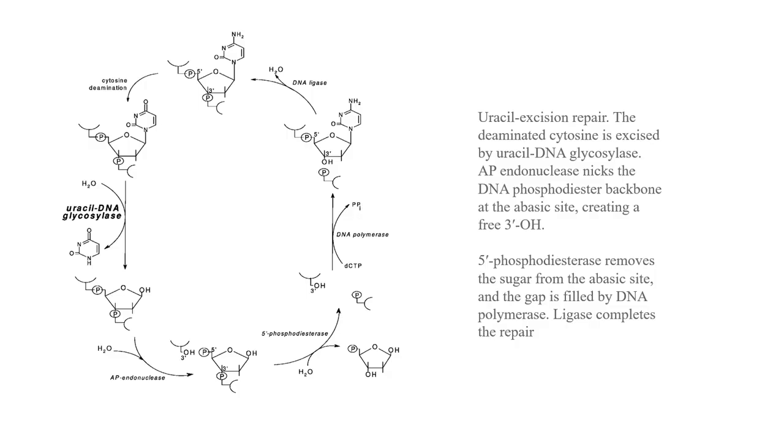So you see, it's a fairly complex process, but it is an important one to keep the integrity and the fidelity of DNA. So if you've ever wondered why DNA uses thymine and RNA uses uracil, here we go. I hope that this was at least a partial explanation.